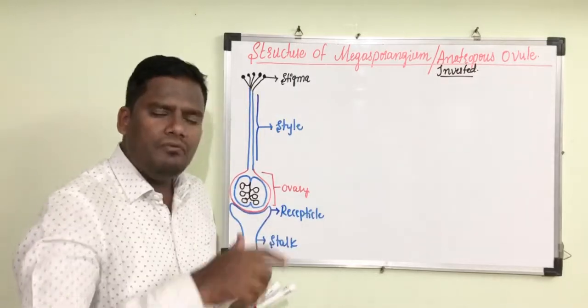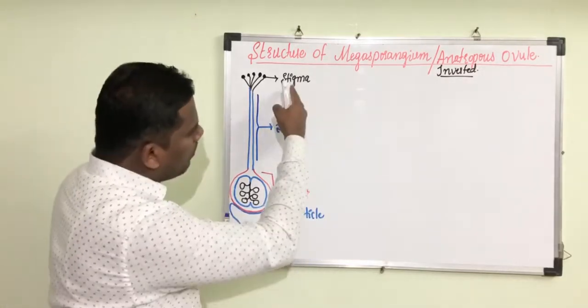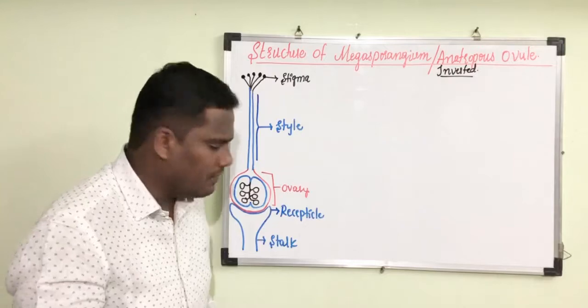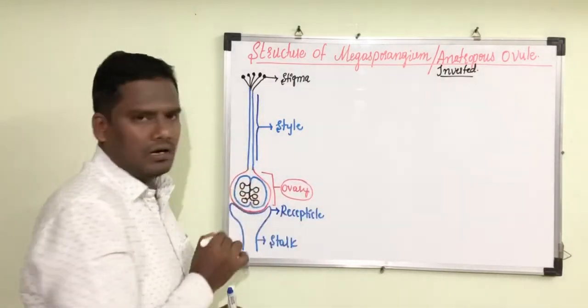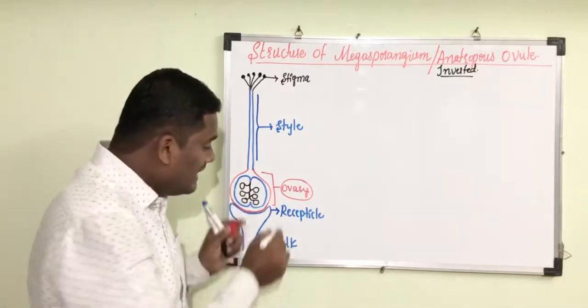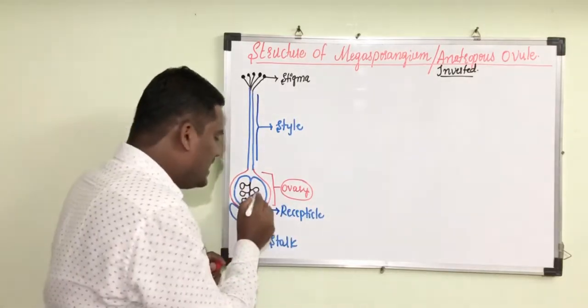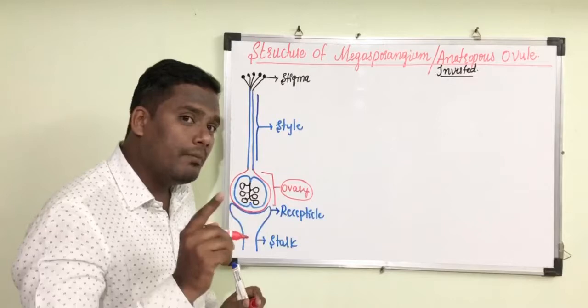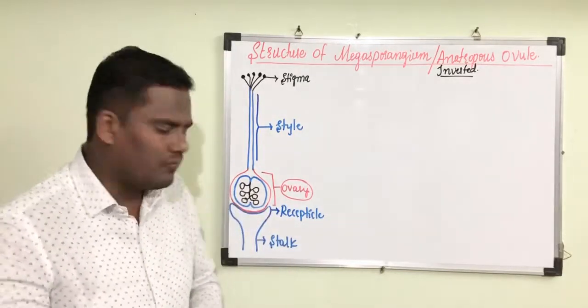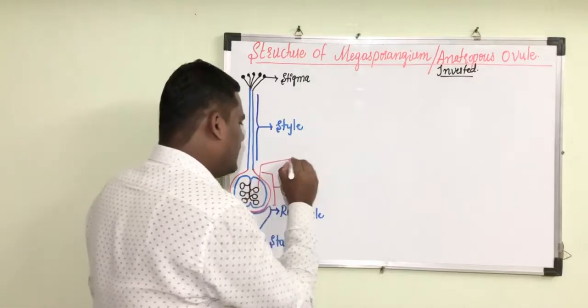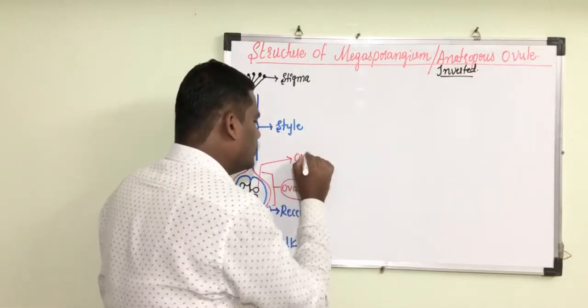As I told in my previous video, out of all three parts of the gynoecium, the ovary is the most important part. Why? Because inside the ovary we have the female gametophyte located, my dear friends. That is nothing but the ovules.